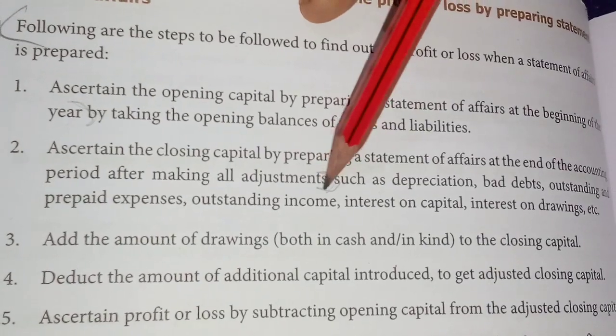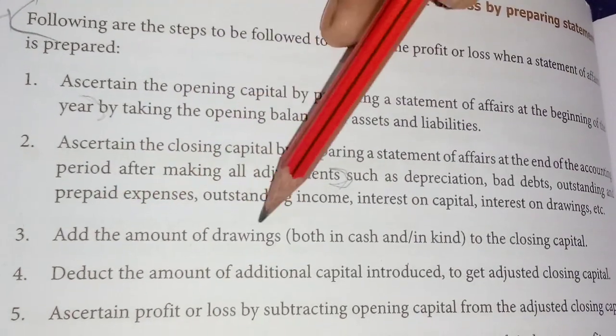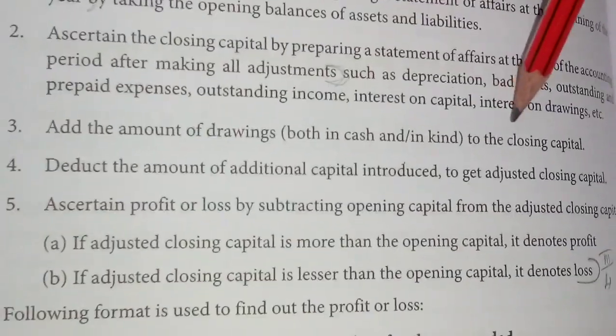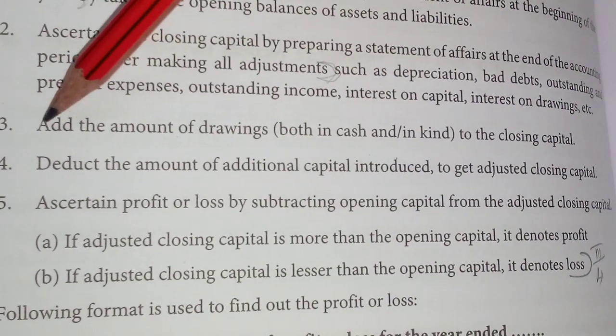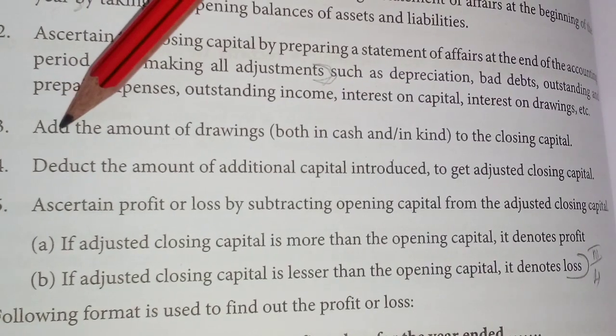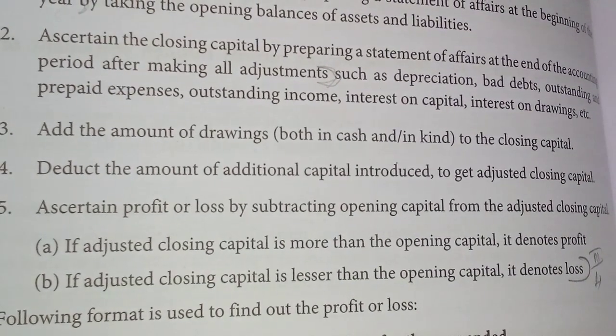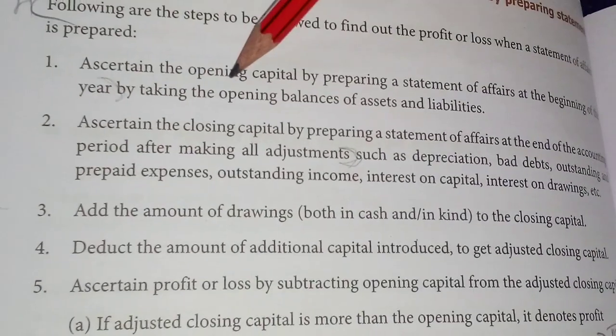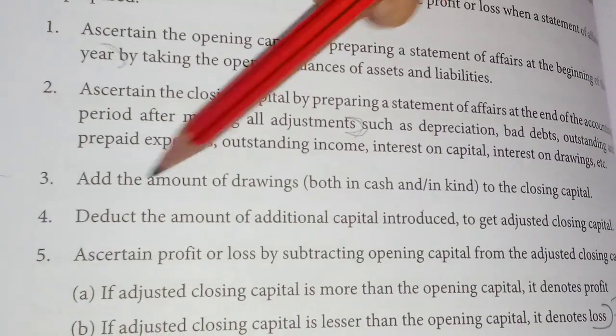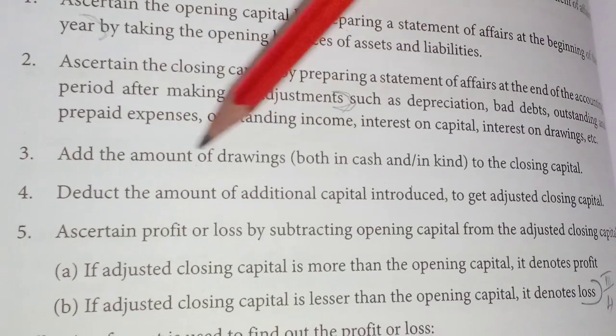Then add the amount of drawings to the closing capital. That we did in the third statement of profit or loss. The first one, opening statement of affairs in the beginning, statement of affairs in the end.